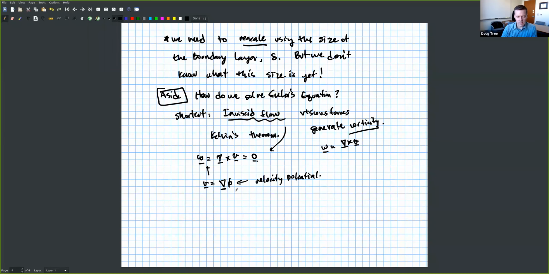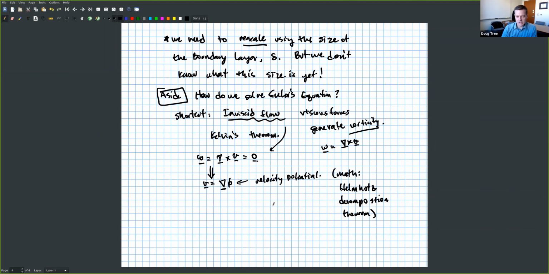Okay, so I wrote the arrow the wrong way. This implies this, okay, because of math, right? There's this thing called the Helmholtz decomposition theorem that you can go look up, because I forgot to write it down in my notes, and I don't want to write it down wrong.